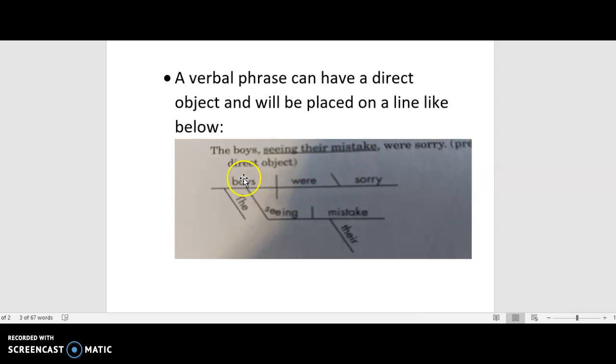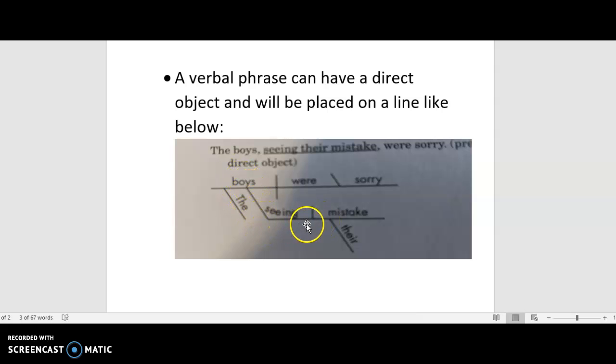We know that boys is the subject, were is the verb, and then the slanted line means that we have a predicate adjective there. However, we have this piece in here, seeing their mistake. And remember, to diagram that, it's describing the boys. So we do a slanted line, take a slight right.